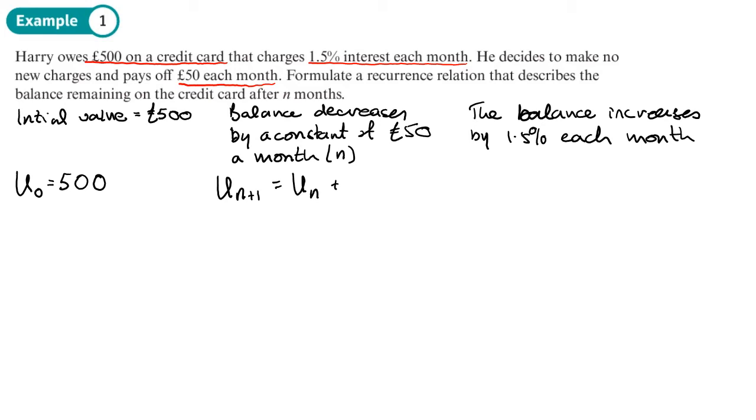So whatever the balance was plus 1.5% of the same balance, okay, that's the increase, but we're taking off this £50 every month.